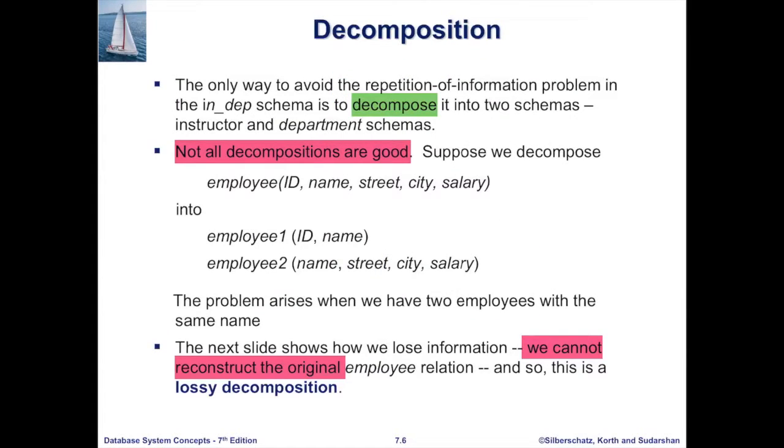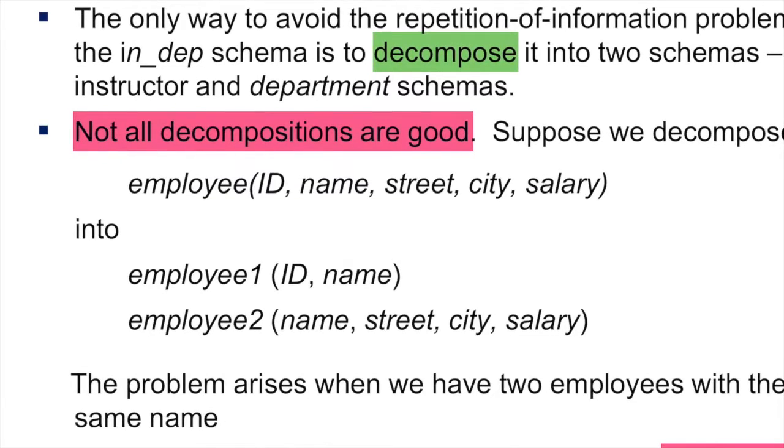So to avoid having those repeated information in our table, what we need to do is to decompose the schema into parts. So, yung goal natin is that wala nang repetition and wala nang null values.